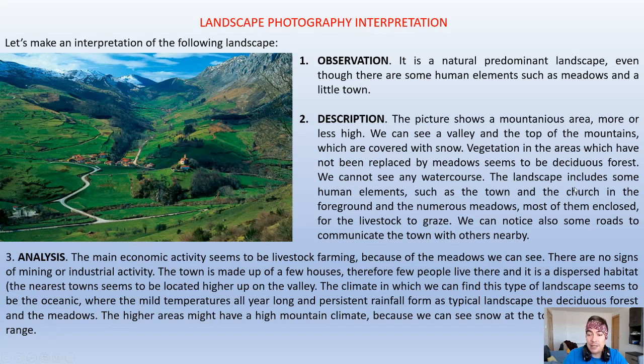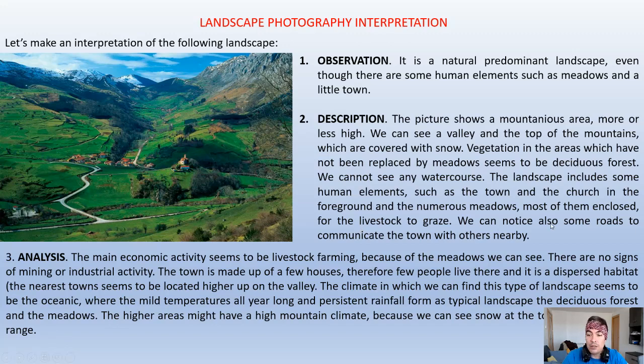And this landscape includes some human elements. For example, the town here and the church here. And also, this is in the foreground, primer plano, the numerous meadows which are enclosed. They are surrounded by fences, so they are humanized. And the meadows are used for livestock to graze, to eat grass.